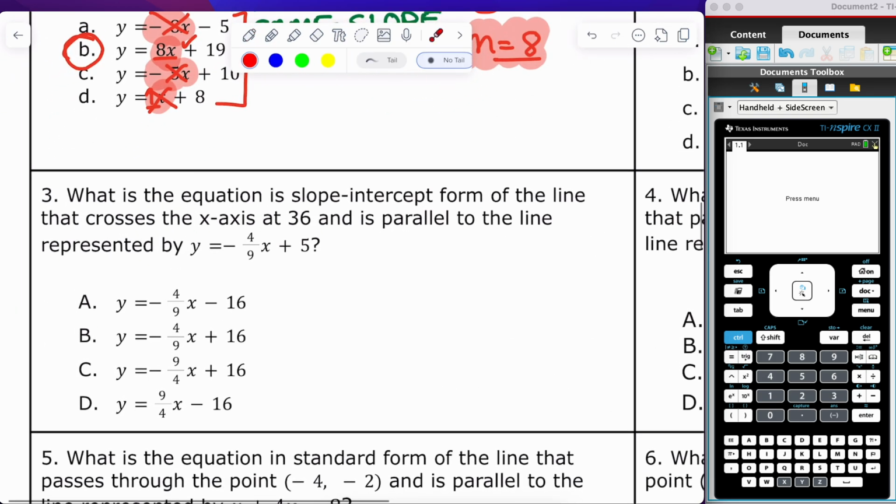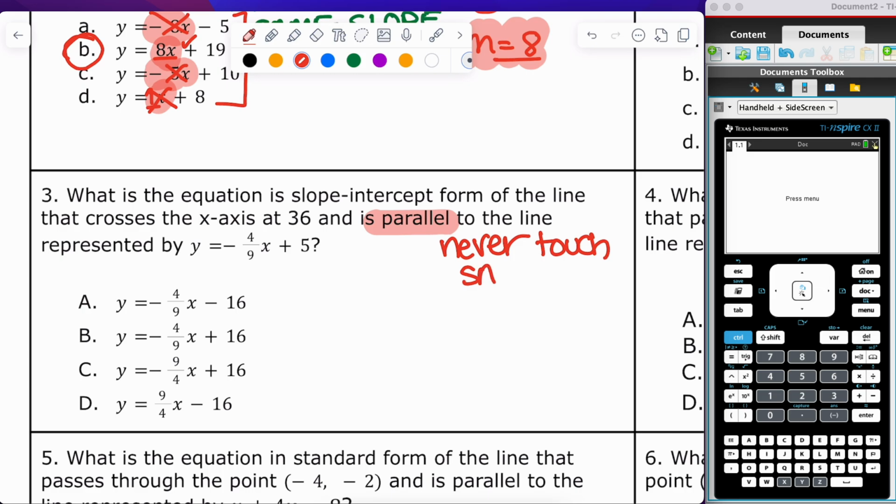My next question. What is the equation in slope-intercept form of the line that crosses the x-axis at 36 and is parallel to the line represented by y equals negative 4 over 9x plus 5? I know it says parallel. When I see the word parallel, we are thinking never touch, same slope.